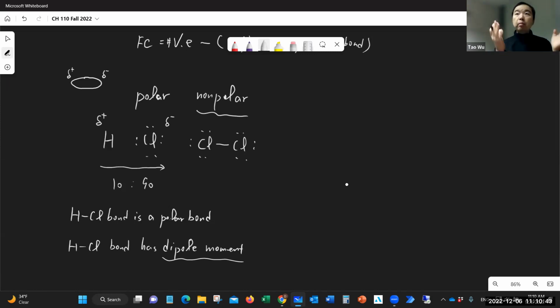In other words, dipole moment just means polar molecule or polar bond. Are you clear? Okay, so this is another way to say that this is polar.